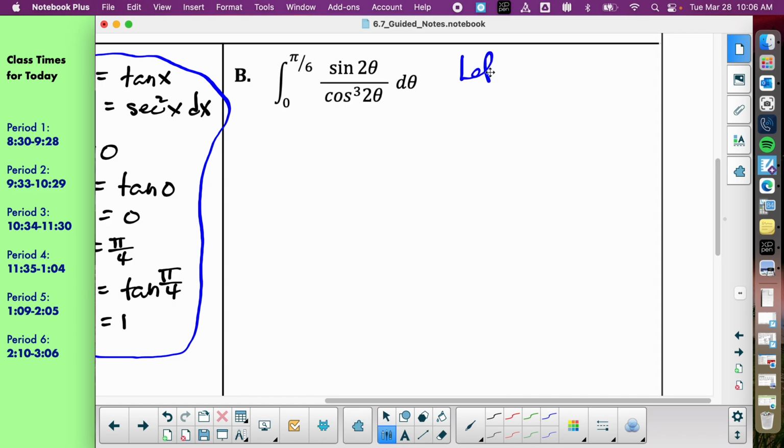So I'm going to say let u equal cosine of 2 theta. Now, this time, I didn't write just 2 theta. How come I picked the whole cosine thing? Or actually, how come Laura picked the whole cosine thing? It wouldn't work, actually, because the cubed is on the cosine.